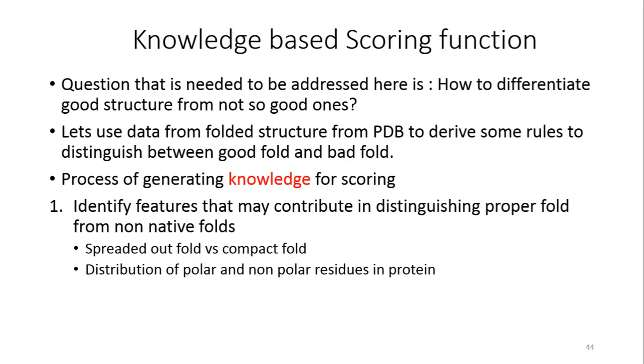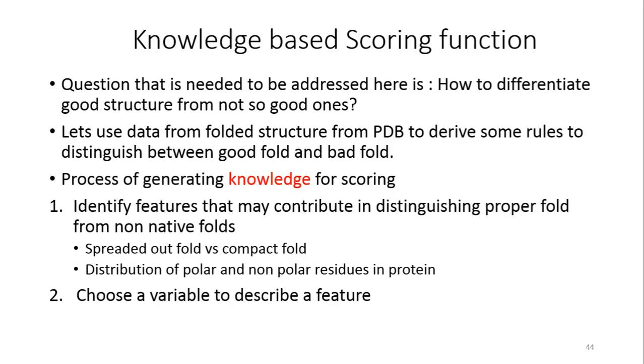In this example, we have selected two features for scoring. That is, we have selected hydrogen bonding as a feature for scoring, and we have selected residue distribution for scoring the fold. Okay, so the next step in generating this knowledge for scoring is that we choose appropriate variables to describe this feature.